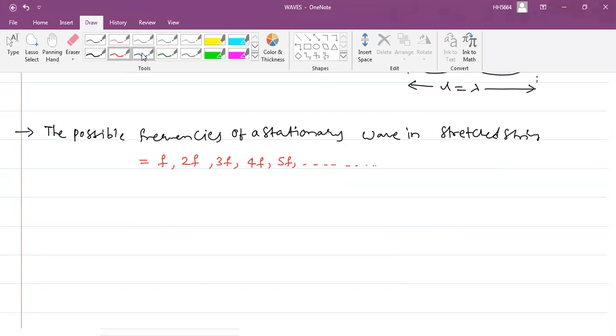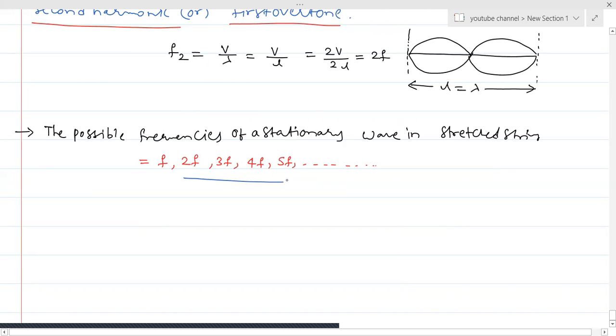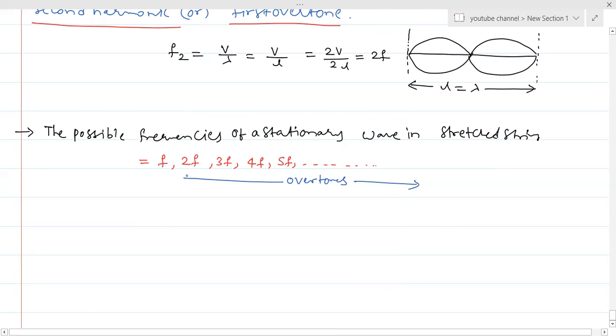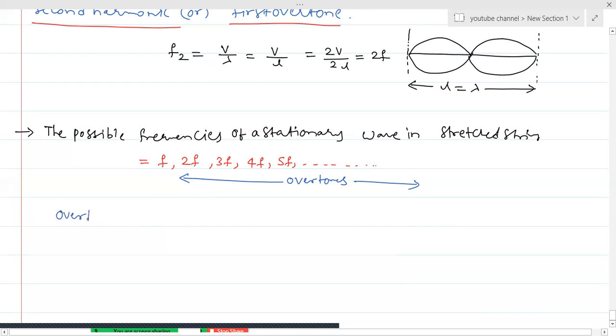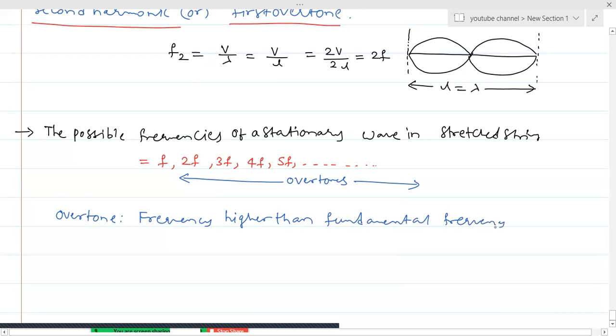You need to understand the definition of overtones. Overtone means the frequencies which are higher than the fundamental frequency. So all these are called overtones.